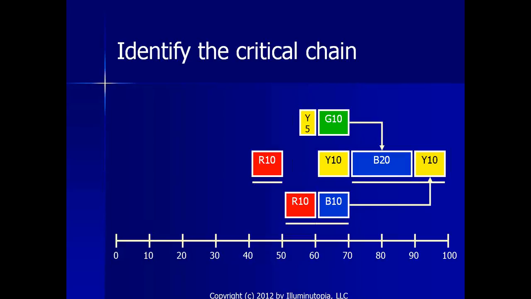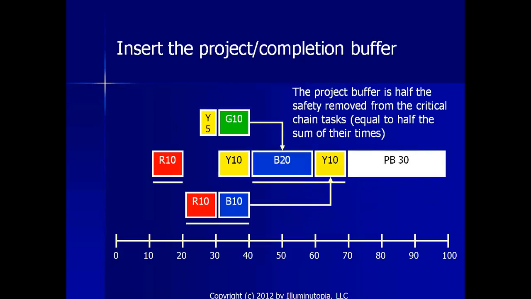The next thing we need to do is insert the buffers. We removed half the safety time from all the tasks, so now we need to strategically place it in the project plan in order to protect the performance of the project. The first thing we would do is insert the project buffer.